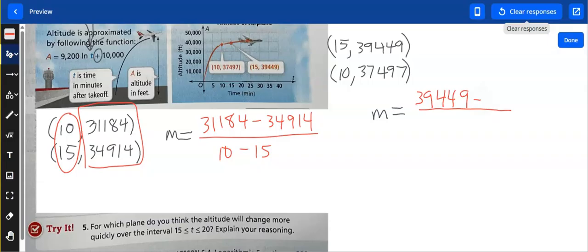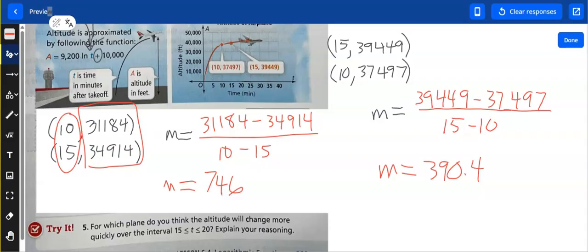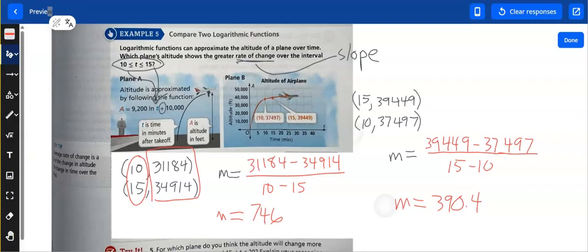I know you've asked me before, does it matter which order you go in? Not as long as you're consistent, because you'll end up with the correct answer. So find those two slopes for me right now. Use your calculators to do it. Slopes ended up being 746 for the first one and 390.4 for the second one.